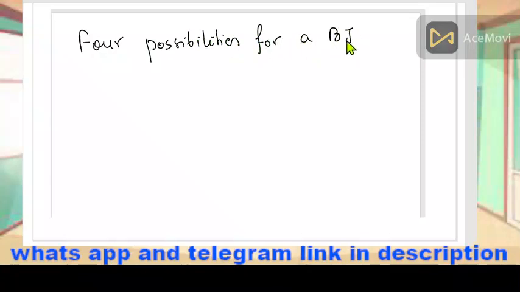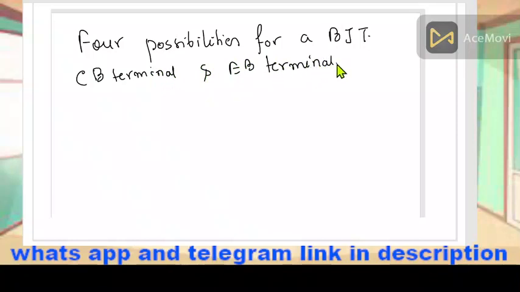What we have in a BJT are two terminals, collector base terminal and emitter base terminal. The biasing of these two terminals can have four possibilities.